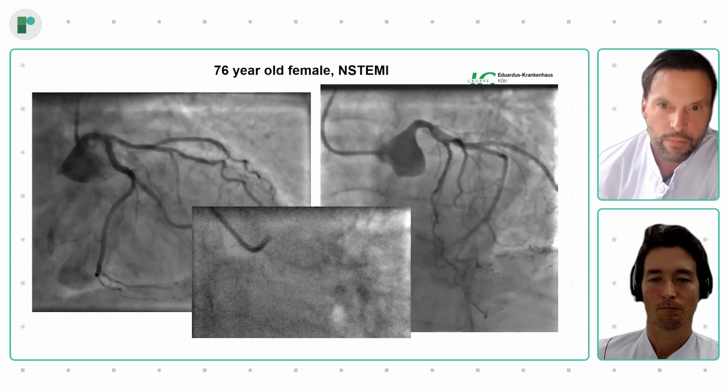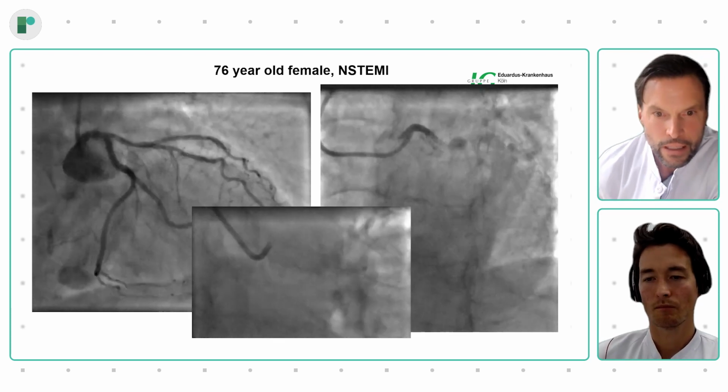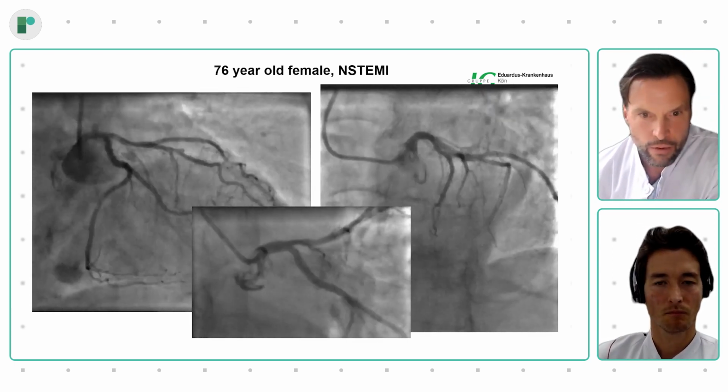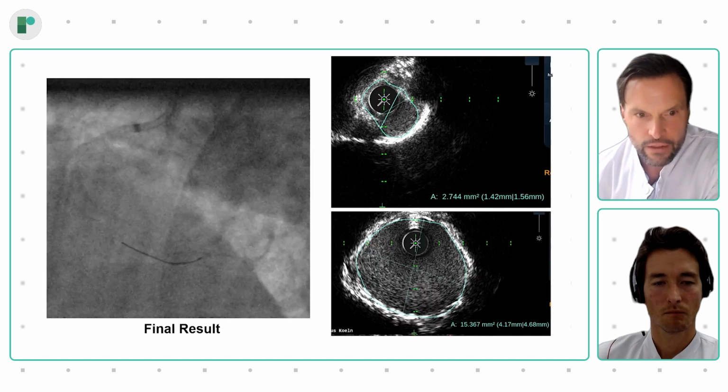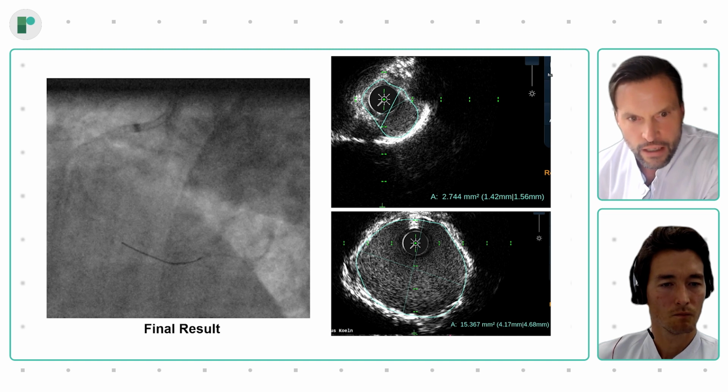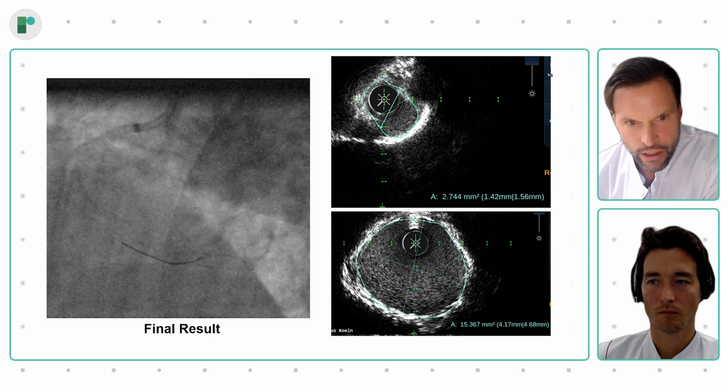Yeah, maybe just one more comment, and once again, two learning points. I think it was clear that IVUS significantly impacts the strategy. First, you see a stenosis in the first angio, but then you can decide to do additional angiograms.